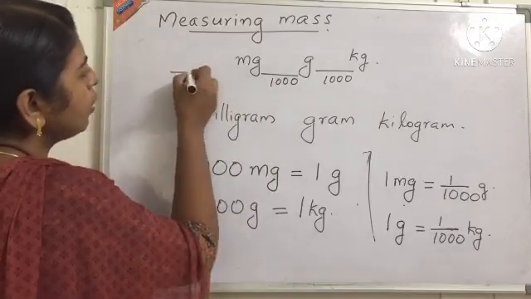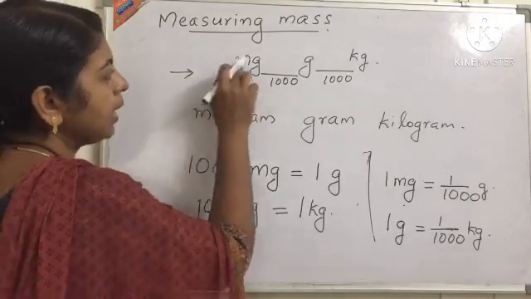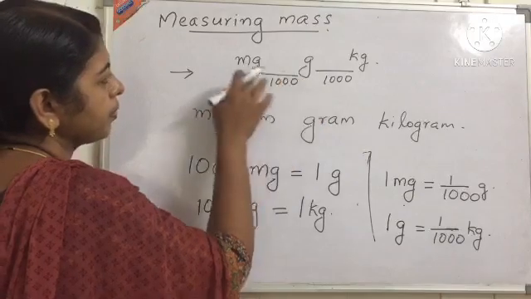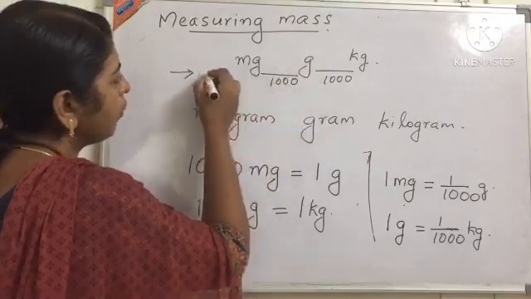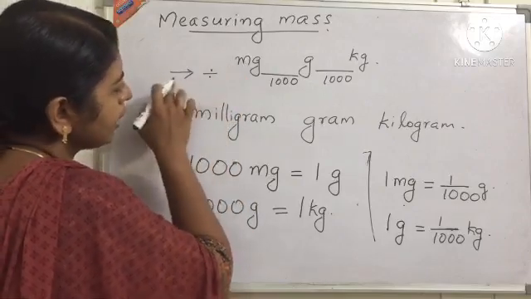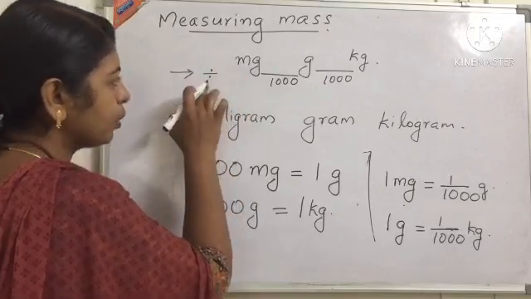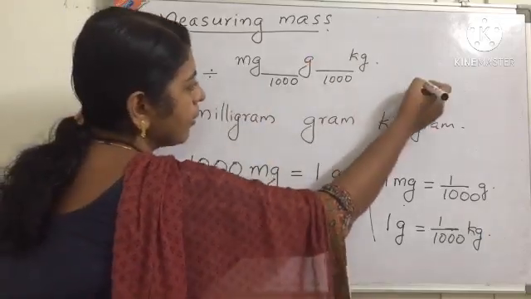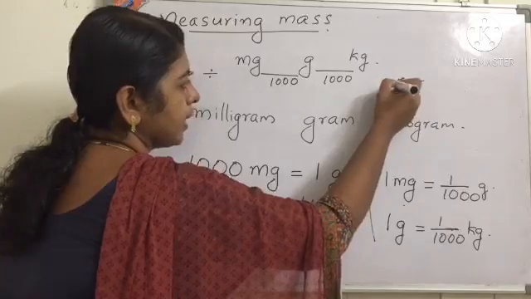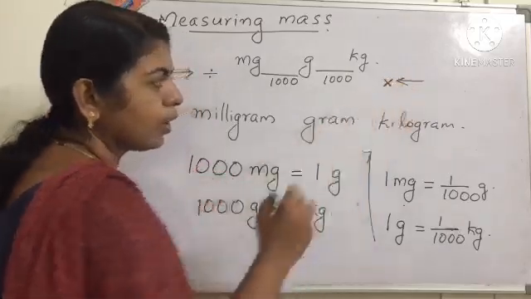Okay, when we move this direction, that is milligram to gram, then what we want to do? Milligram to gram, we want to divide. Okay, so if it goes this direction, we want to divide, and if it goes in this direction, we want to multiply. The same we studied in the unit of length.